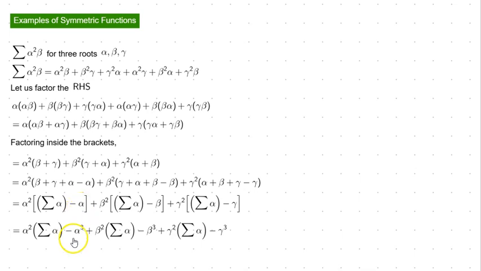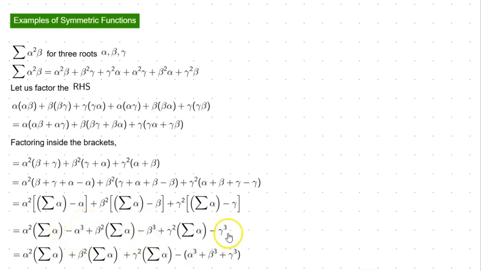Plus beta square times sigma alpha minus beta cube, plus gamma square times sigma alpha minus gamma cube. Alpha square times sigma alpha plus beta square sigma alpha plus gamma square sigma alpha, minus, see, we have minus alpha cube minus beta cube minus gamma cube. So we take minus common out and we have alpha cube plus beta cube plus gamma cube.